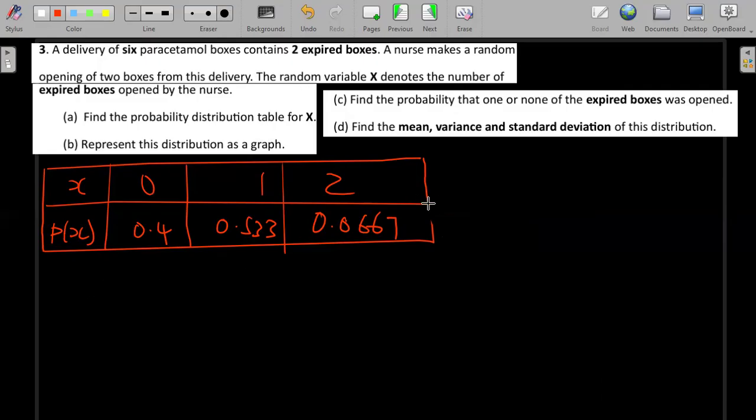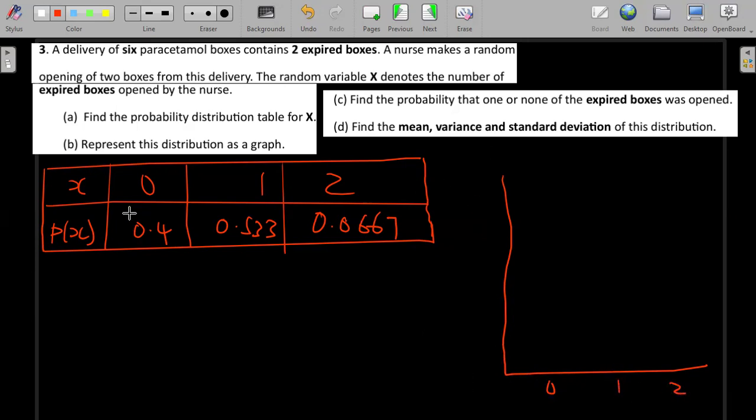And then part B, they're saying represent this information on a graph. The graph that we're going to use is just a bar graph. We are going to put the x's on the x-axis and the P(x) on the y-axis. So I have 0, then 1, and then 2.